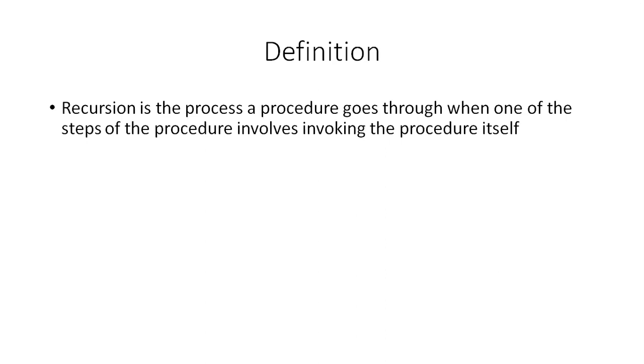When you learn this concept with a structure and along with an example, then you will clearly understand the meaning of this line. Recursion is a process, a procedure that goes through when one of the steps of the procedure involves invoking the procedure itself. You all know what the meaning of recursion is.